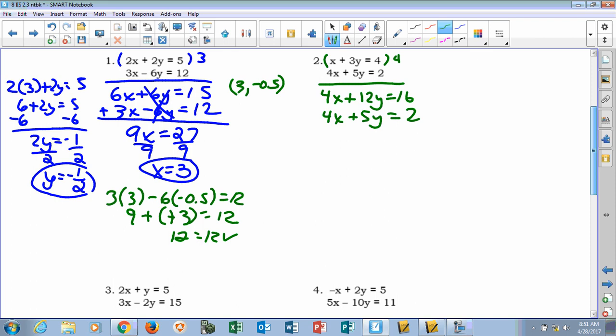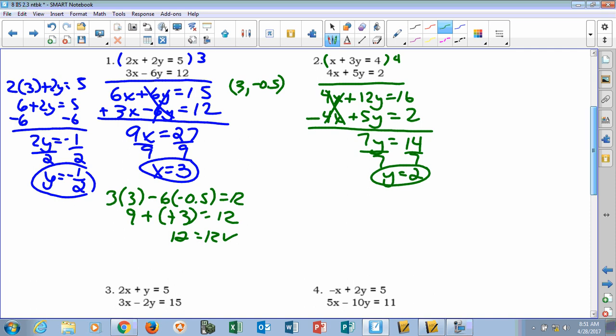We have the same number and same sign, so subtract. 4x minus 4x gives us 0, and that's what we want. That elimination. So this becomes 7y, and 16 minus 2 is 14. If I divide by 7, y is 2.